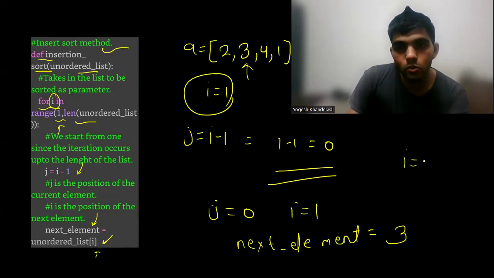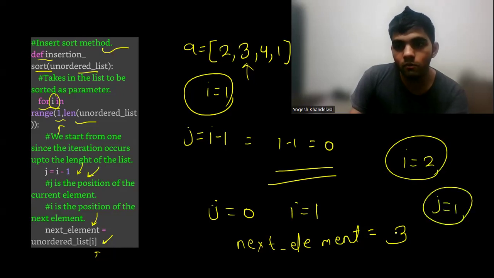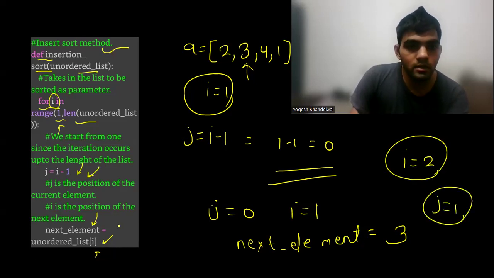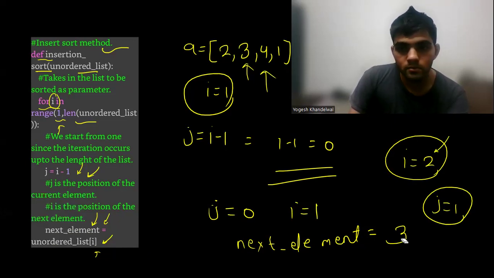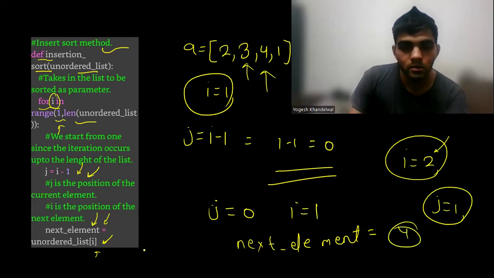Then i will go to 2, and j will become i minus 1, so j will become 1. The next element will become unordered list of i, the index 2 element, which is 4.